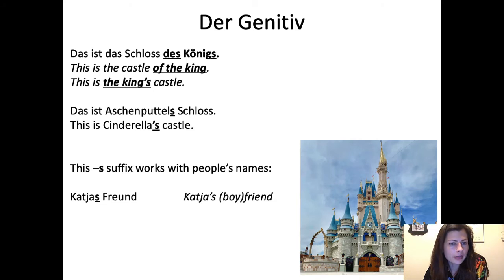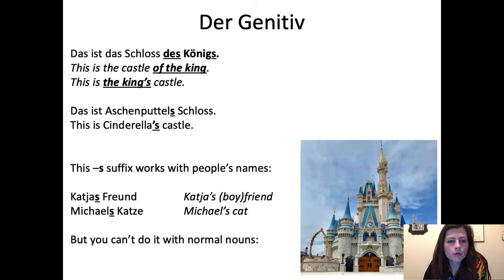And that makes it possessive, and genitive is possessive in a sense, right? In English, we put an apostrophe S there, but in German, it's just the S, no apostrophe. Michaels Katze, Michael's cat, right? And so this only works with people's actual names. If it's a normal noun, you can't do that. It's tempting to say der Königs Schloss, just add an S, because it's like the king's castle, right?